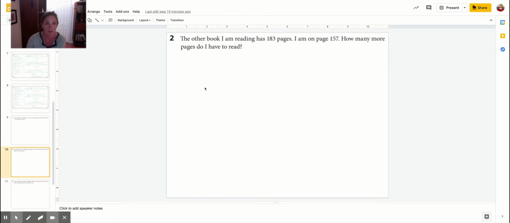Okay, so let's talk about the takeaway strategy. If we were doing this using the takeaway strategy, which I bet you some of you did, you would have to start at 183, and you're going to take away 157. So I'm going to take away 3 first, which gets me to 180.